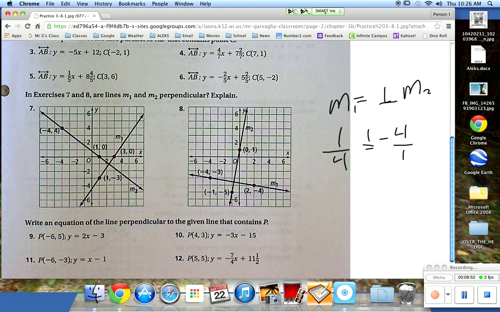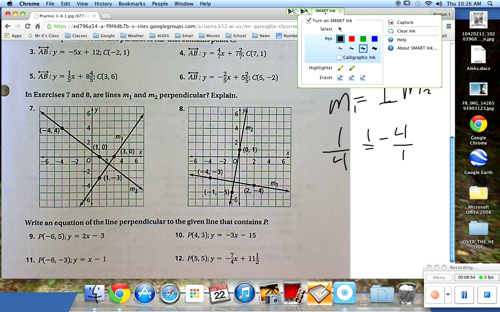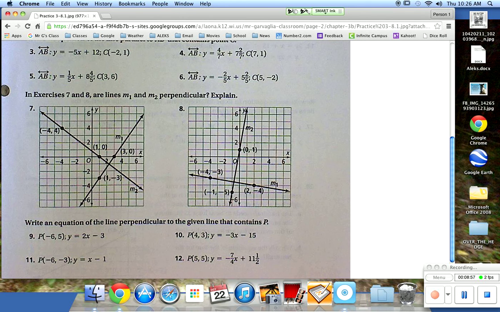All right? If I give you a slope of 2/3, Ken, how would I make that a perpendicular slope? 3/2 and then what? Negative. Damien, if I have 3/4 for a slope, what's my perpendicular slope? 4/3, negative.